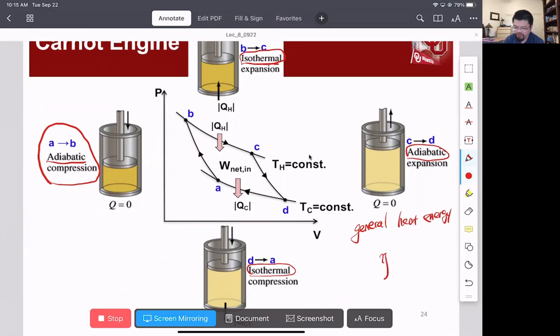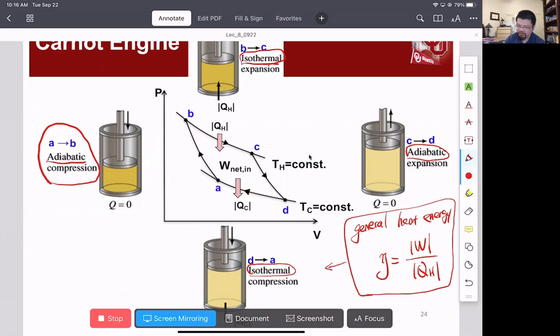We understand the efficiency is defined by the work output over this input, right? So let's try to see what this efficiency definition would be if we apply it to the Carnot cycle. What would be that efficiency?